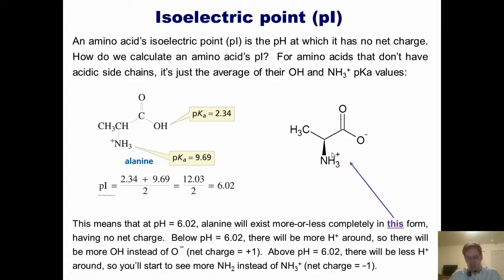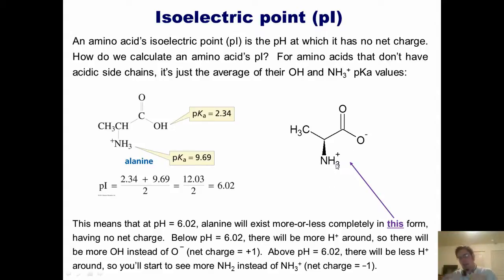Below pH 6.02, you might remember there's more and more H plus around, which means that we're going to protonate this O minus to some degree. If you protonate this O minus, you get rid of the minus charge. So what is alanine's net charge at low pH? It's +1.